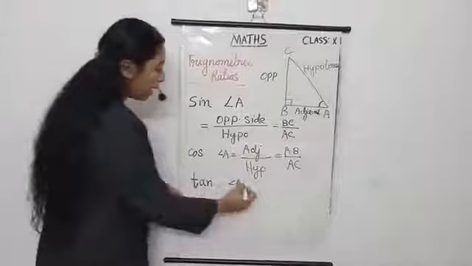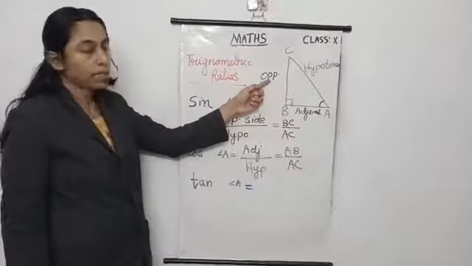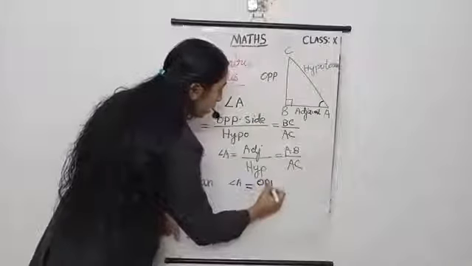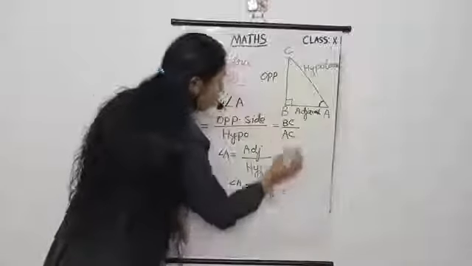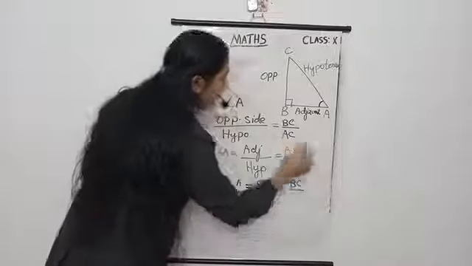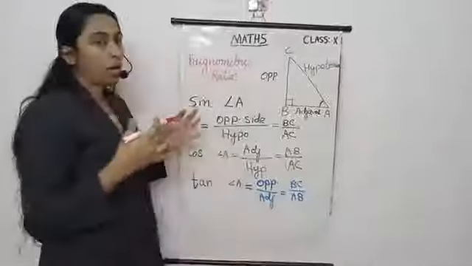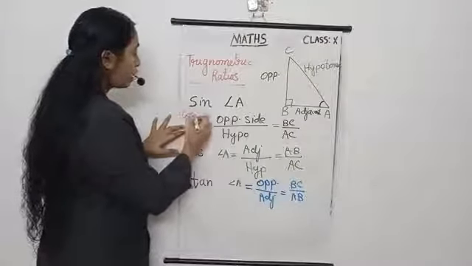So tan of angle A is equal to opposite side by adjacent side, and this opposite side here is BC. So this is BC by adjacent side AB. Now the fourth ratio is known as cosecant.